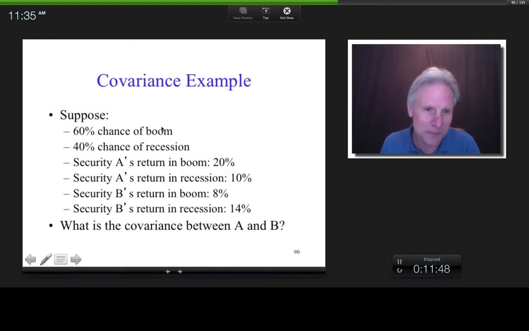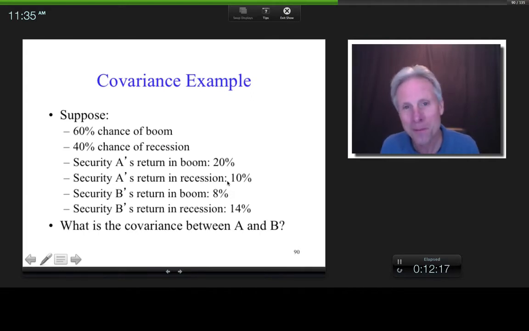So let's say 60% chance of boom, 40% recession. Let's say A's return in a boom and recession of 20 and 10. By the way, with these 4 pieces of information, can I calculate A's expected return? I can, right? Now, if you can't do that, then you need to go back to the world of a single security earlier on the agenda and calculating expected return.